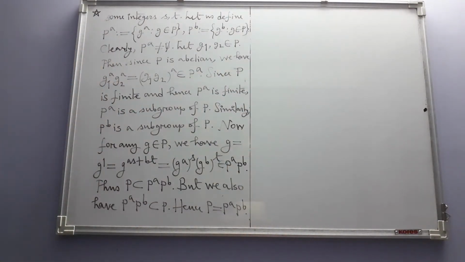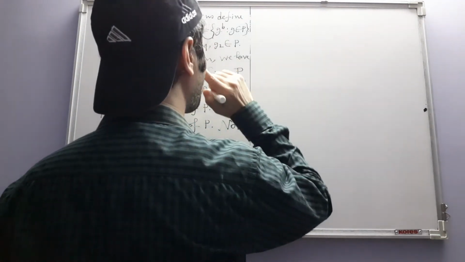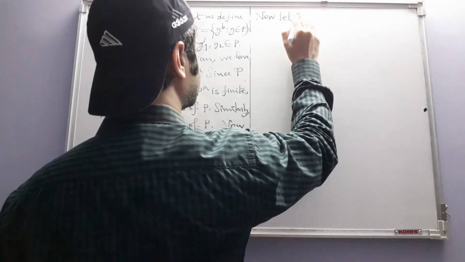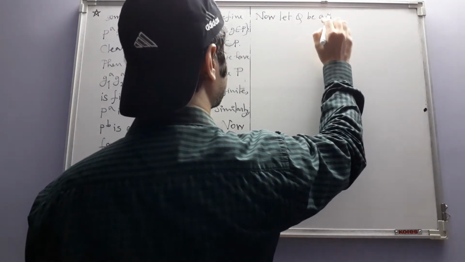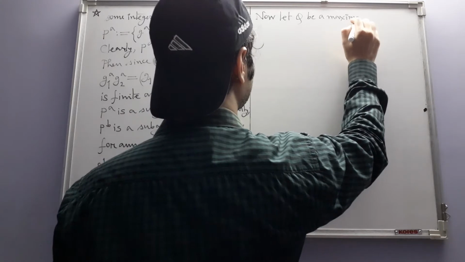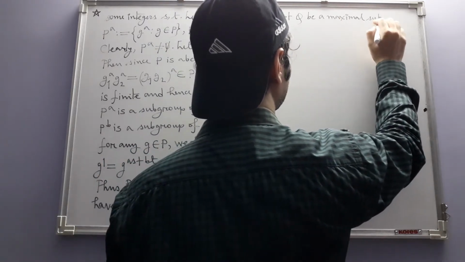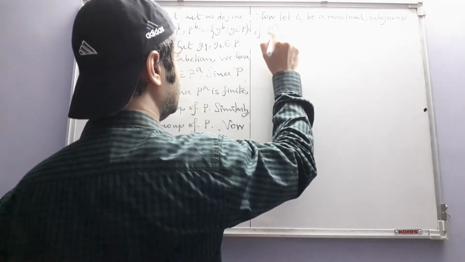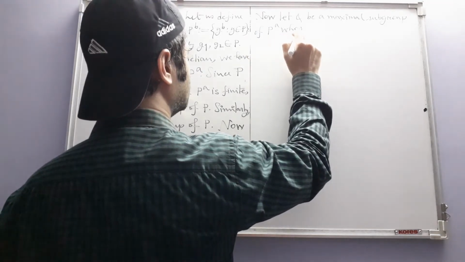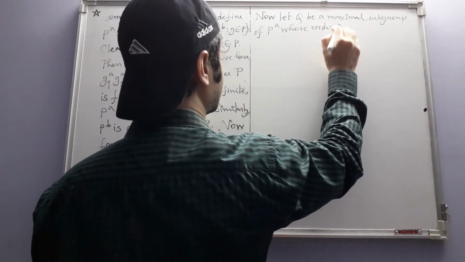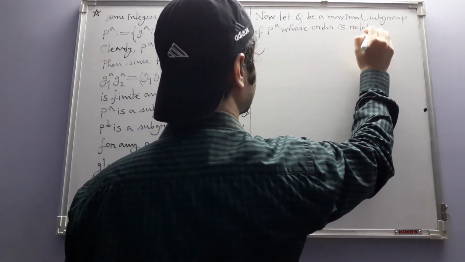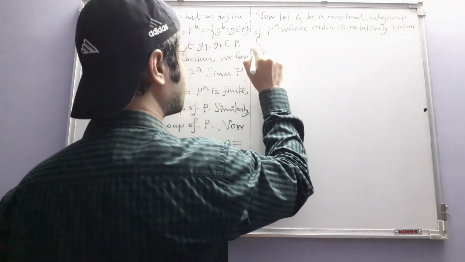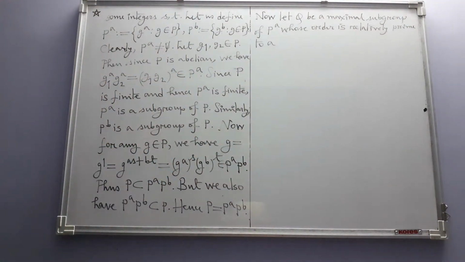Now, let Q be a maximal subgroup of PA whose order is relatively prime to A. So now something new.